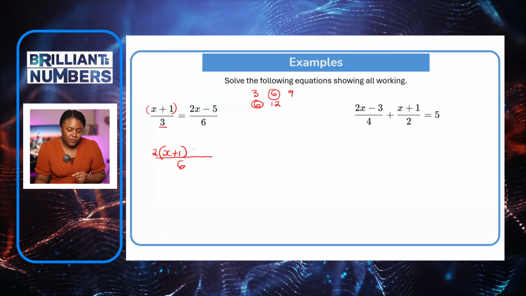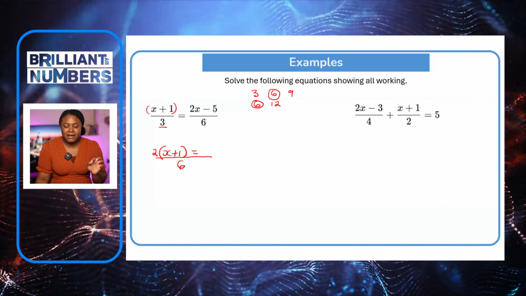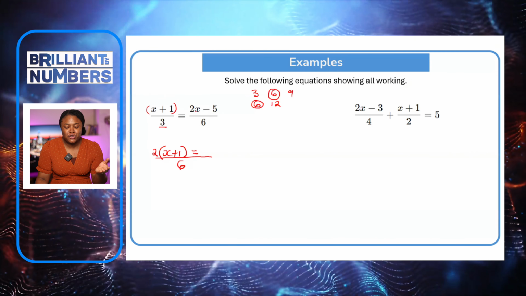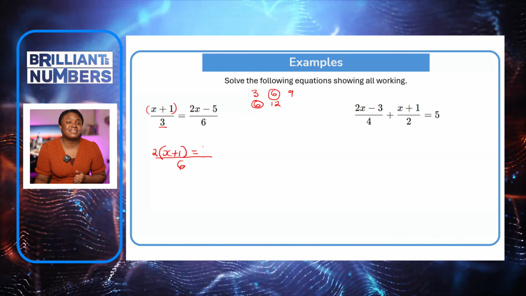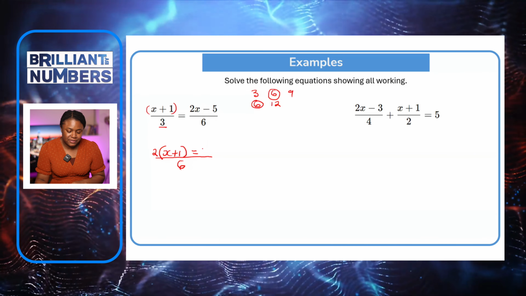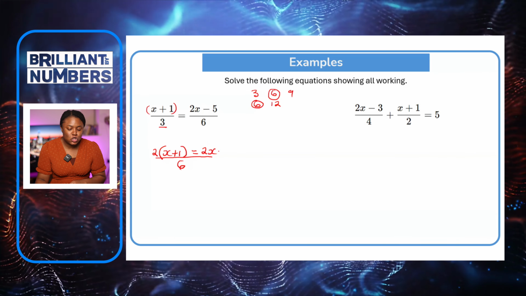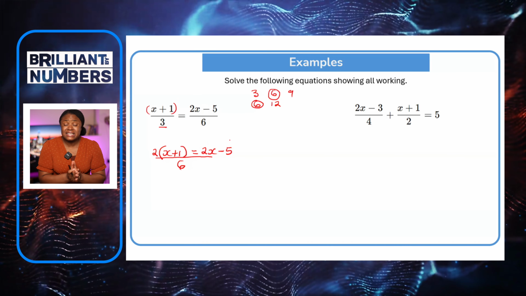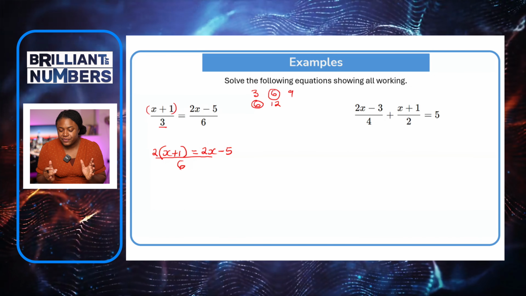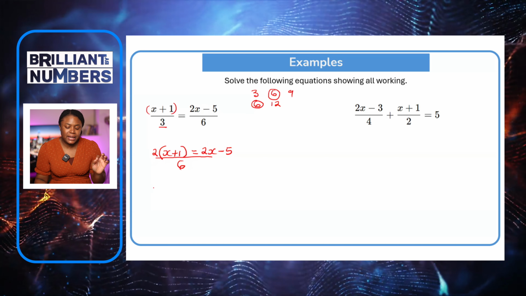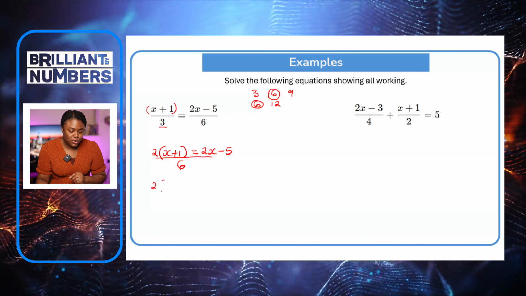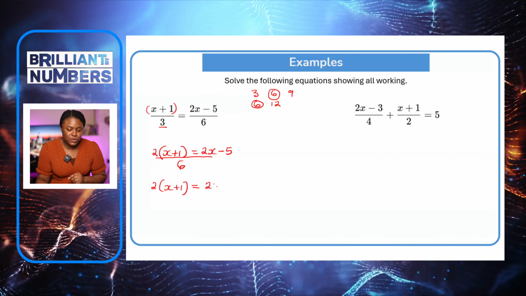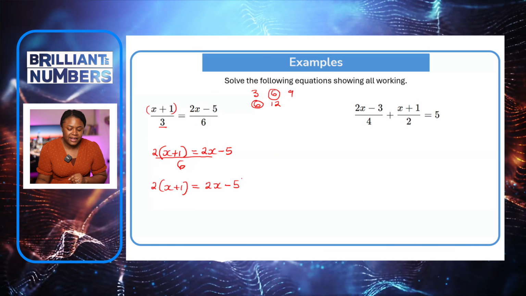For the other side, 6 goes into itself once. 1 times the numerator is still the same numerator, so this part of the fraction will not change. Now that the denominator is 6 for both of them, I can focus on 2 bracket x plus 1 is equal to 2x minus 5.